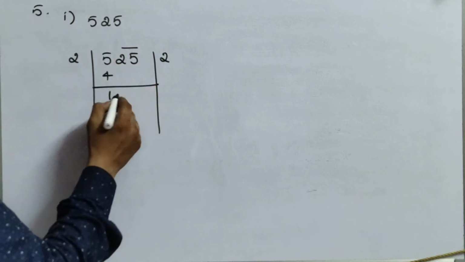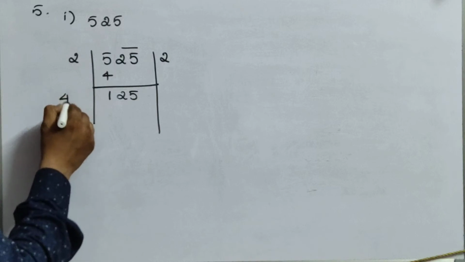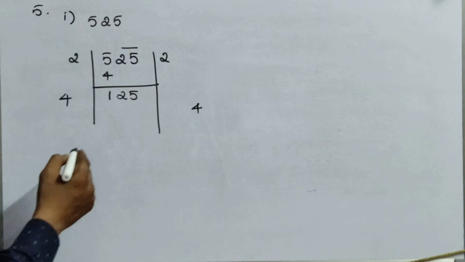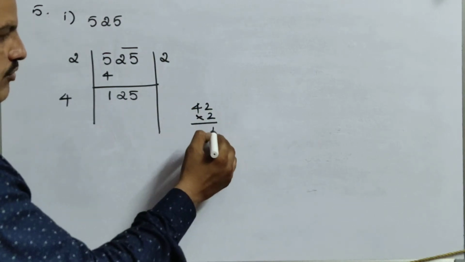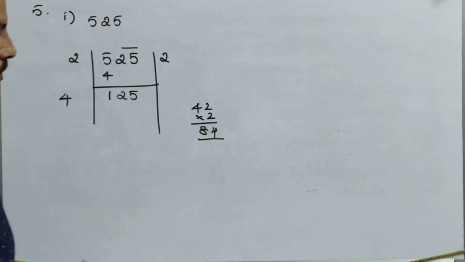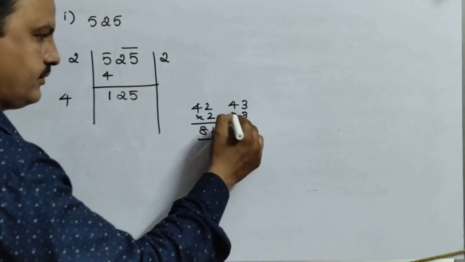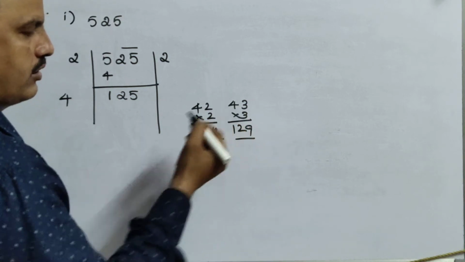So bring down 25. Now 2 double is 4. So the nearest number we'll see here. 2 2s are 4, 2 4s are 8. No chance. We'll go with 3 now. 3 3s are 9, 3 4s are 12.